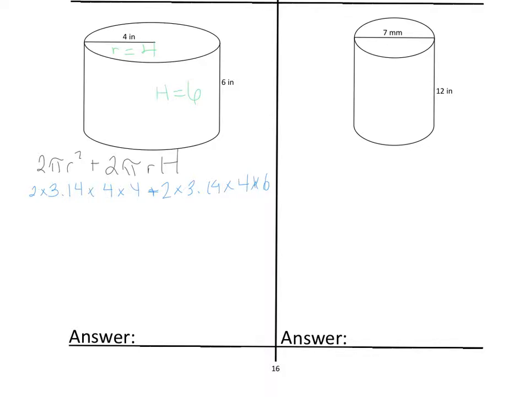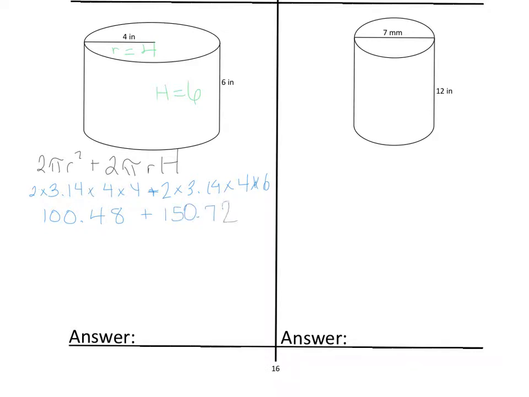Easiest way to do this on your calculators, especially when you're doing them at home or a calculator that does not do order of operations, is solve them in two parts. And my expectation is that you will solve this in two parts. First thing I want you to do is all of the two circles first and the lateral surface.